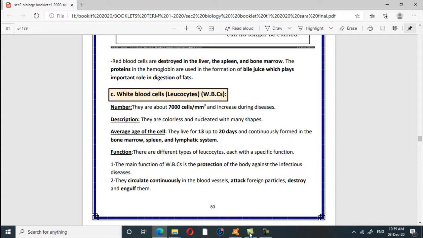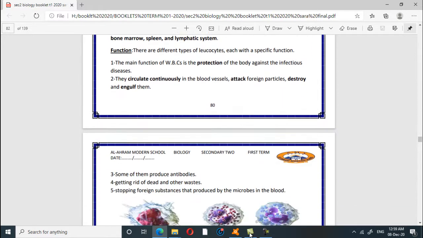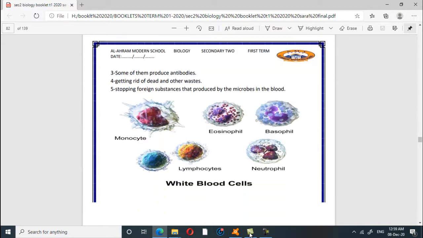It has a defense or protection against any infectious disease. It circulates in the blood vessels, attacks the foreign bodies and destroys or engulfs them. We have different shapes of nuclei inside different types of white blood cells, like monocyte, eosinophil, basophil, lymphocyte, or neutrophil.